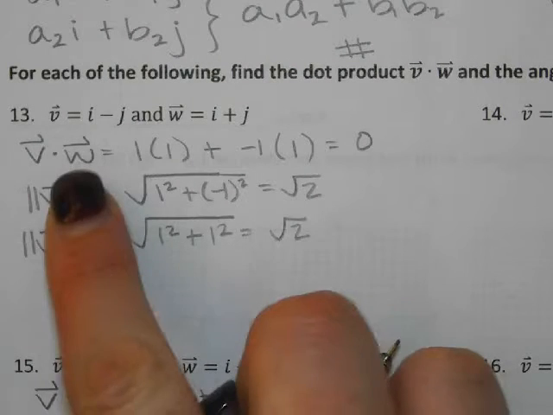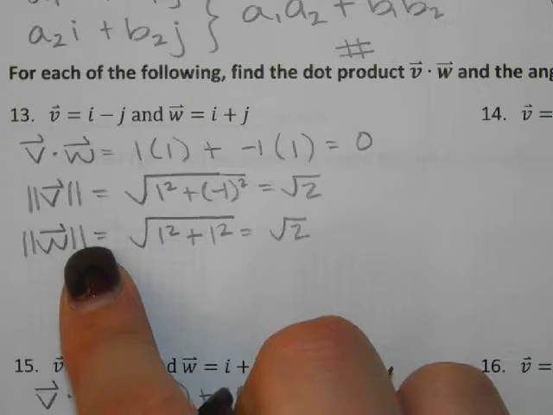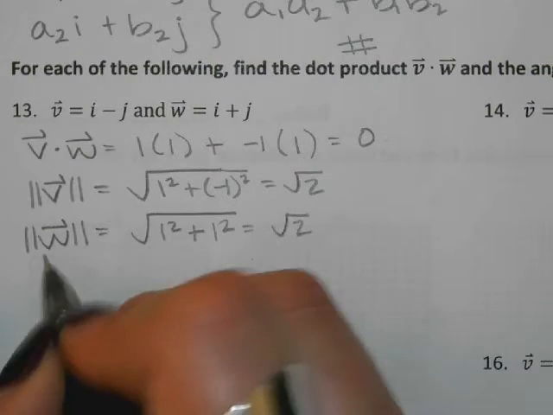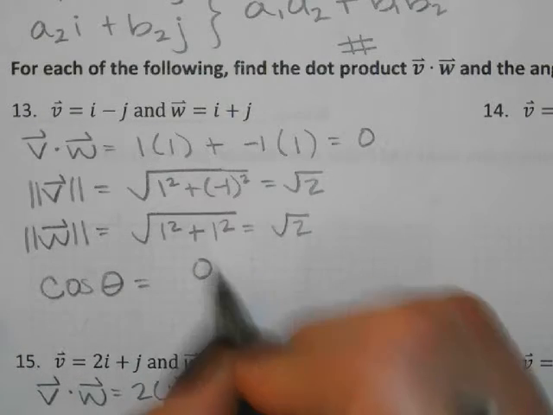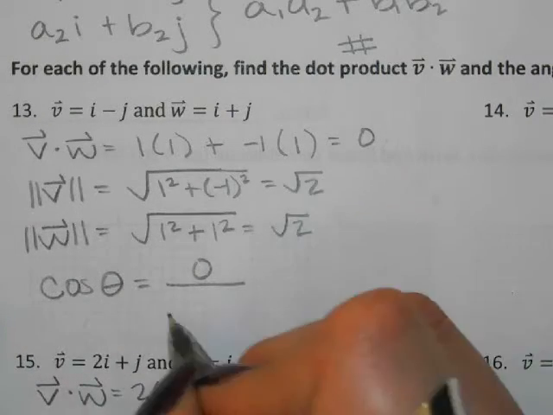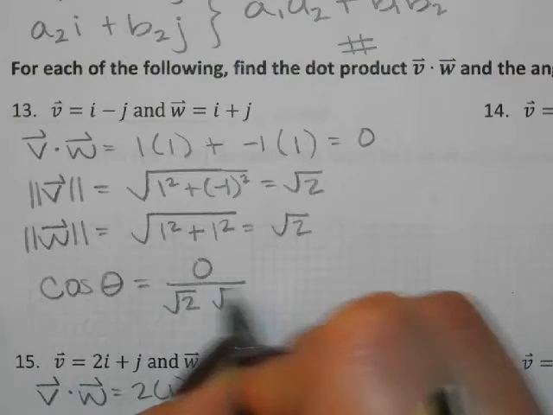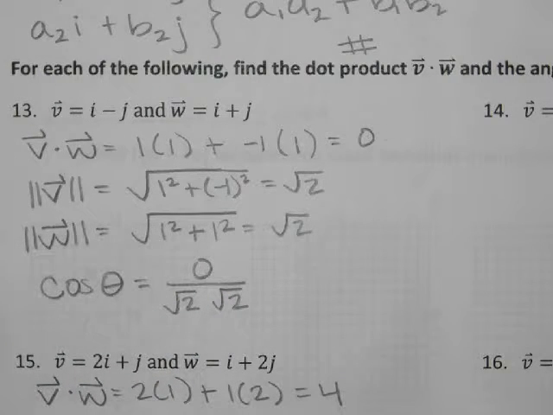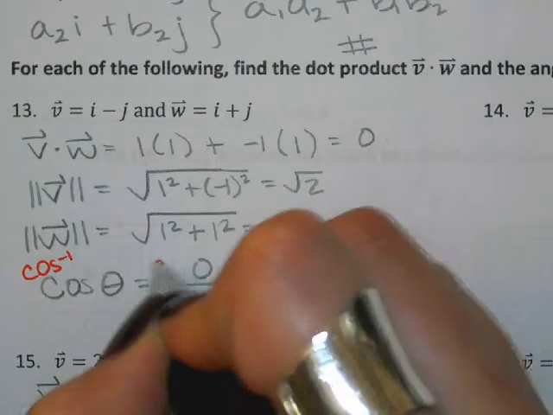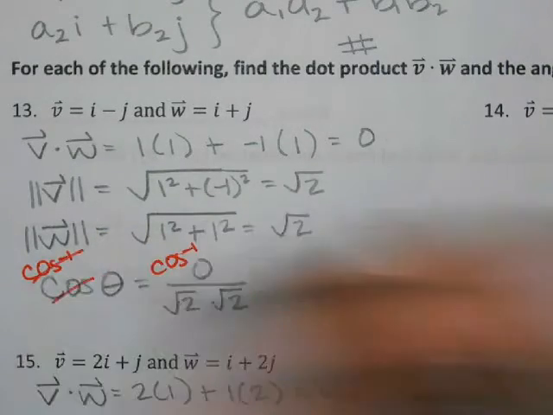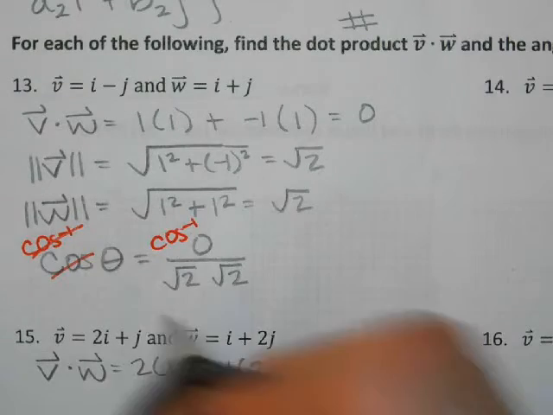And so at this point, we have all the different pieces that we need to find the angle between the two vectors. Now we just have to actually do it. So I'm going to say cos theta equals the dot product divided by the length of V times the length of W. And then in my calculator, I'm going to go ahead and cos inverse this so that I can solve for that theta.